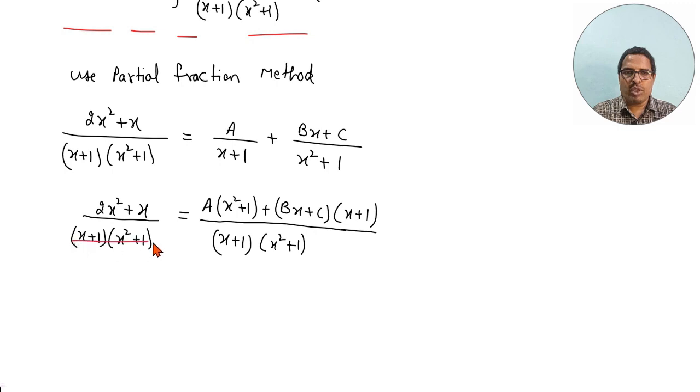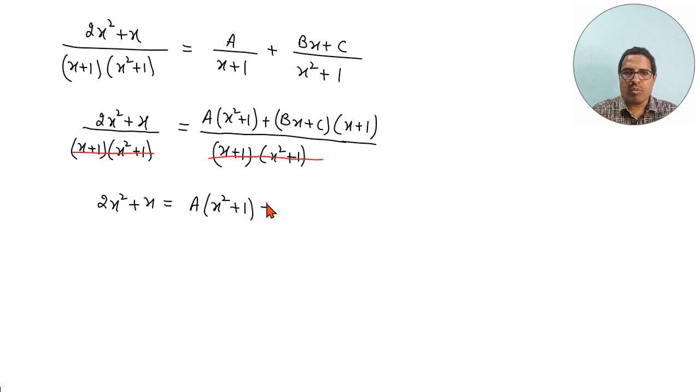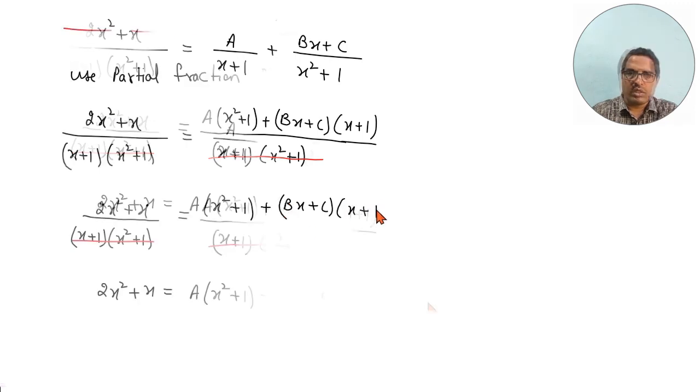So the denominator will cancel out on both the sides. We are left with 2x square plus x equals a times x square plus 1 plus bx plus c times x plus 1.